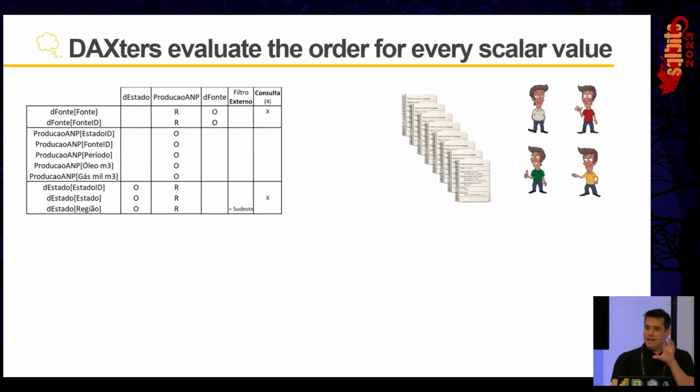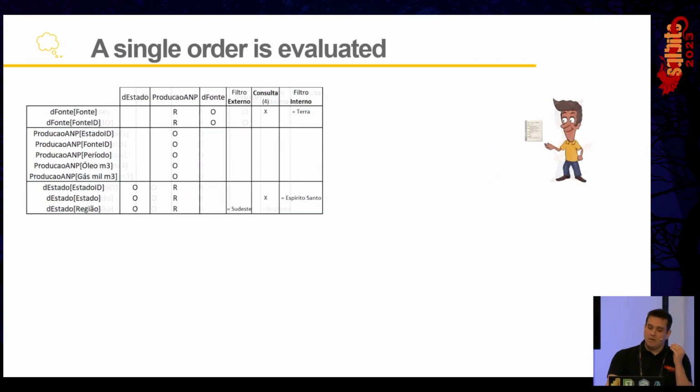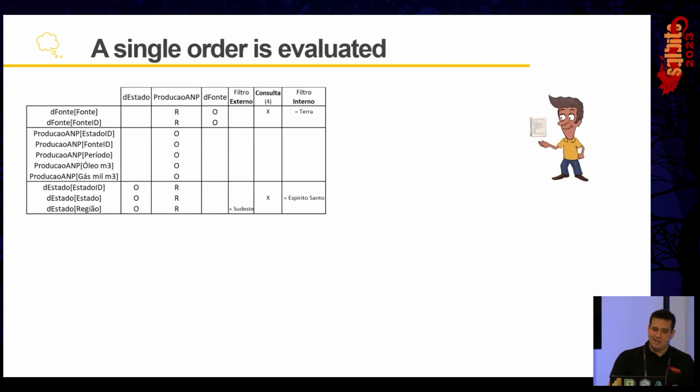Okay, so those 8 orders are randomly assigned to someone that I call Daxers. They are somewhere between formula and storage engine in the same persona, so that's why I unified them. And one of those orders can be assigned to a Daxer.